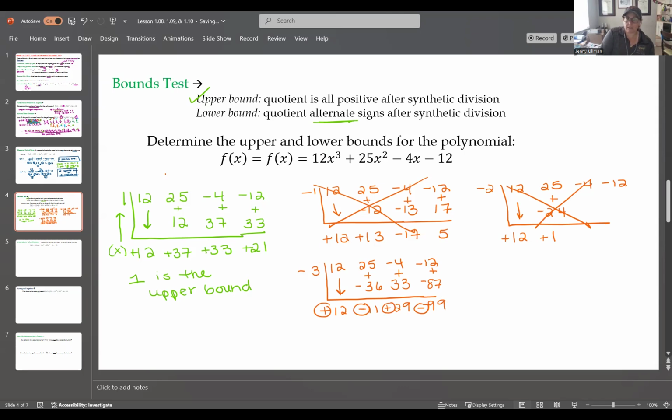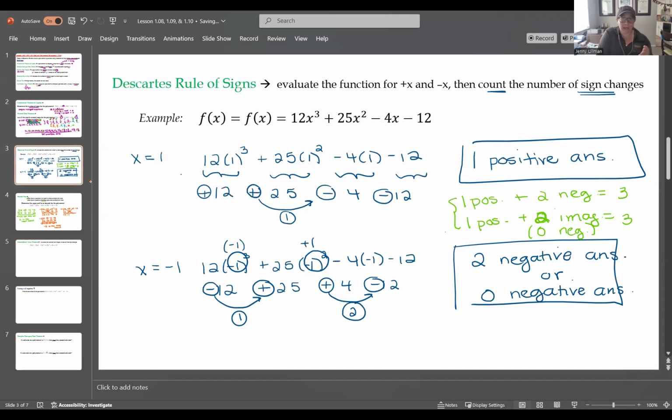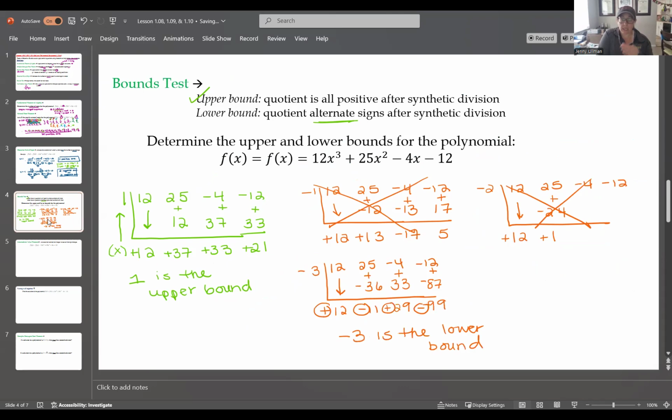So that means 3. Oops, sorry, -3. -3 is the lower bound. So all of the answers that I'm looking for, this one positive and potentially 2 negative answers, have to be between -3 and 1.